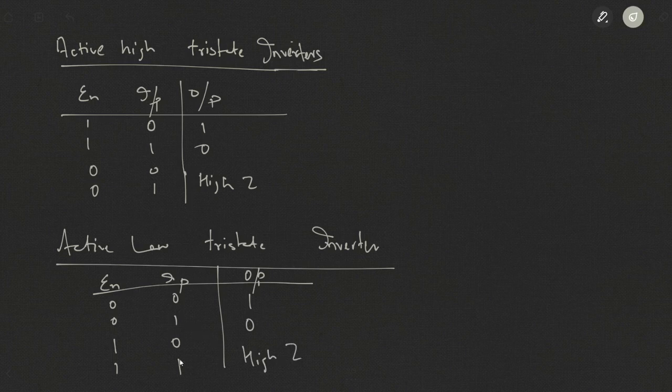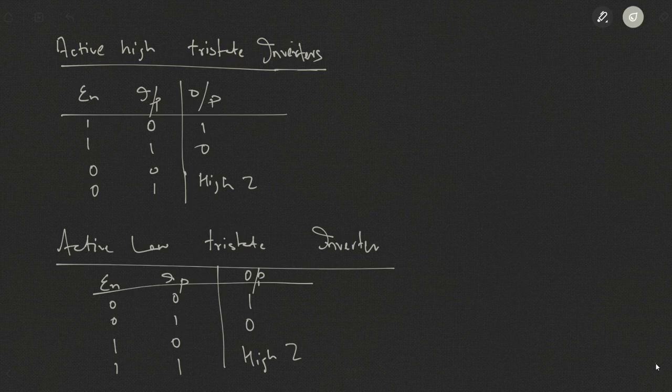So far, we have talked about buffers and inverters. Buffers do not change the logic state of the input. The logic state will remain the same. Now with the enable capacity, by using a third state, that is the enable state, we can control the output with respect to the input.